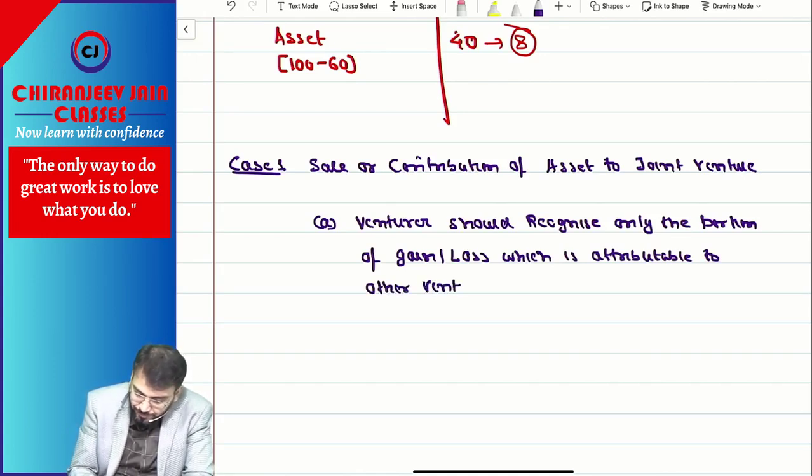Understood this point? First point, have you understood?